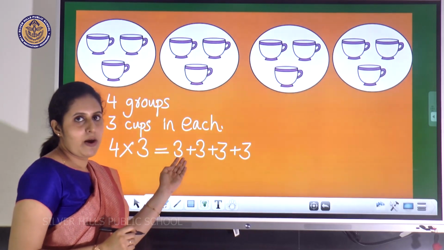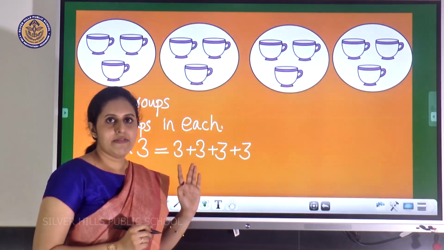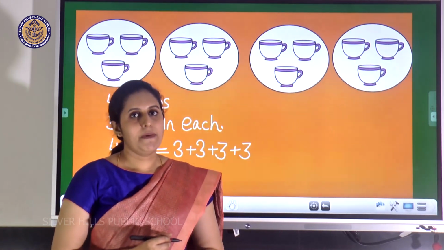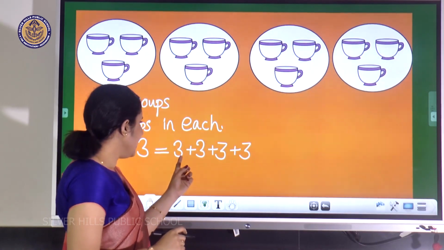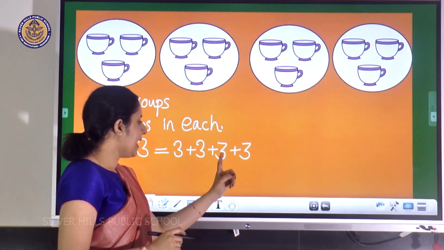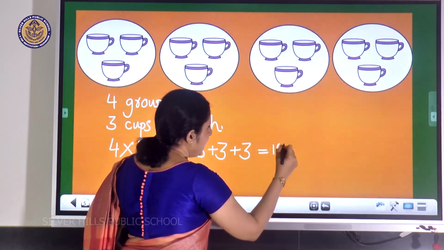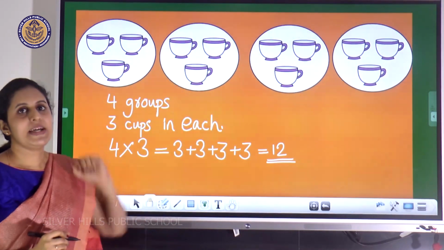You can skip count. 3, 6, 9, 12. Otherwise, like I told you, you can add up and write the answer. So, what is the answer? 12. Yes, there are 12 teacups altogether.